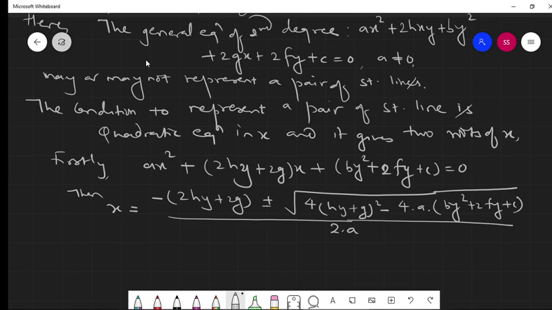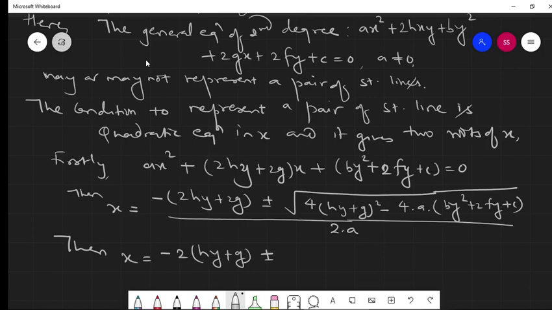Now by taking 2 common we can write minus 2 times hy plus g. Here from this, 4 is common, then the radical sign is out.